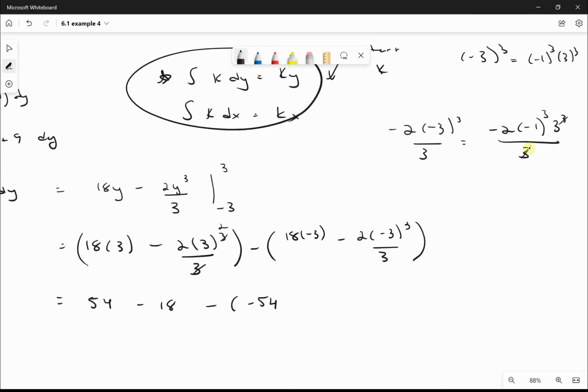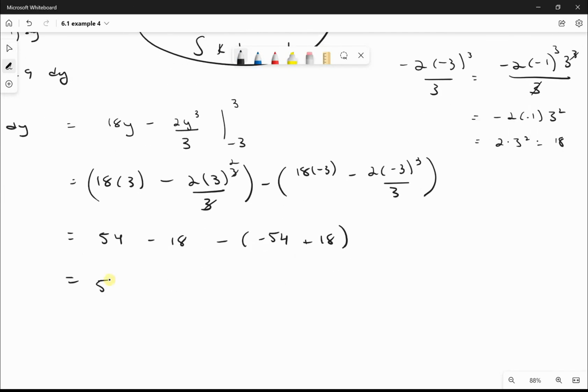Then these cancel out, and you're left with the -2 times -1 cubed. -1 cubed is negative 1, and then times 3 squared, that gives you 2 times 3 squared, which is 18. So this is plus 18.